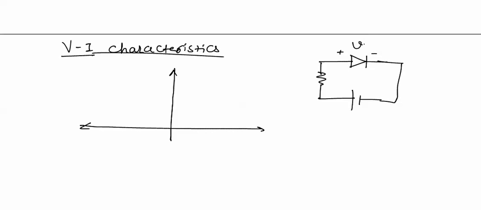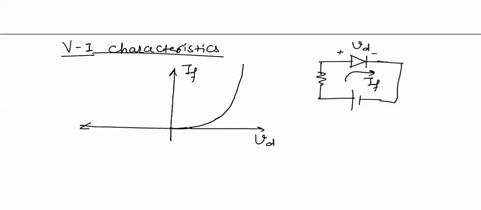The voltage across the diode Vd is varied and the current IF through the diode is measured. IF versus Vd are the forward characteristics of the diode, as shown in the figure.